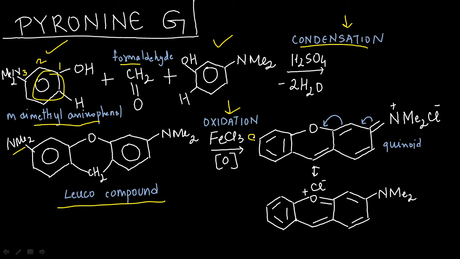It undergoes oxidation, and now these electrons can shift, undergo resonance, and this is a quinoid form. And we have another form, a simple form. So that's Pyronine G for you.